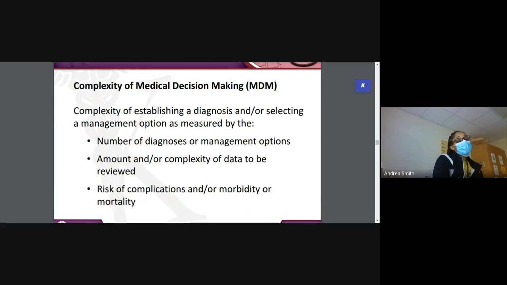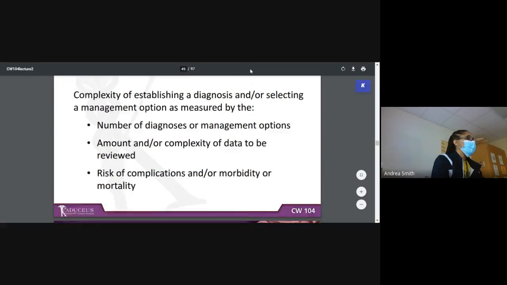Well, then we don't really know what's going on. But the easy stuff, that's problem focus. The other stuff that takes a little bit more time, you have to look at, okay, is this expanded? Is this a little bit more detailed? Or is this comprehensive?